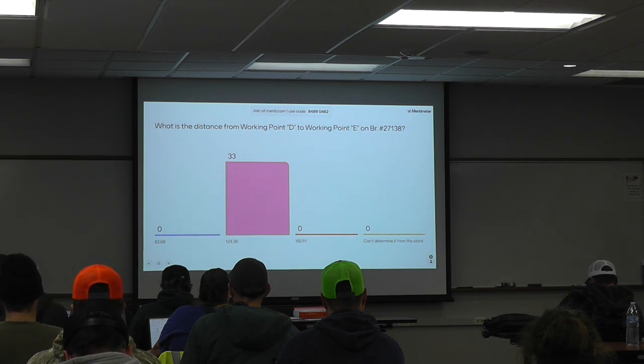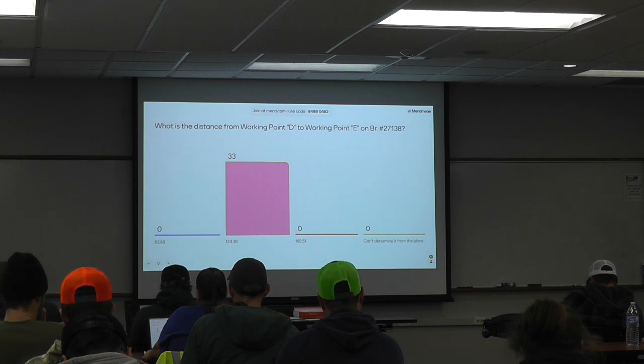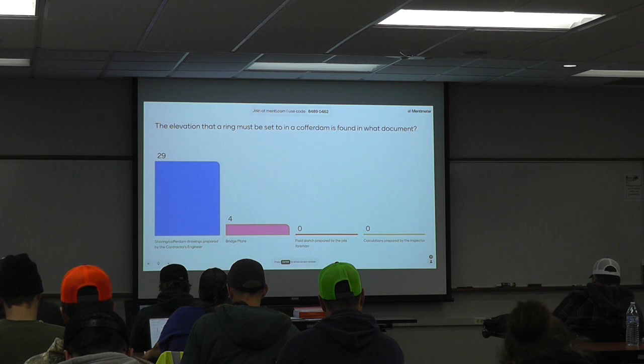D to E is actually along the working line. D is on the center line of the south abutment, and E is at the pier. So the easiest way to find that one is indeed on the bridge layout sheet.